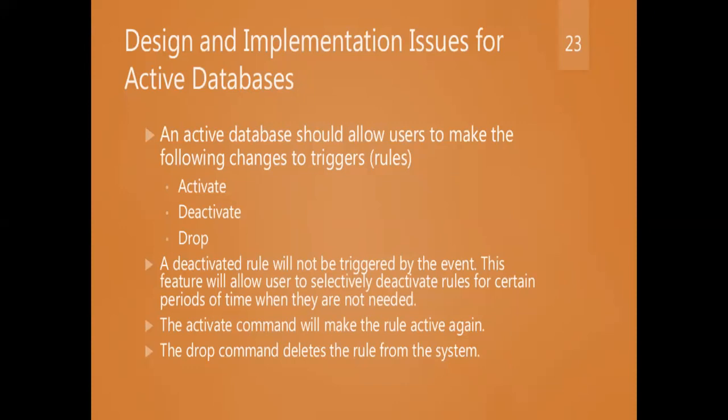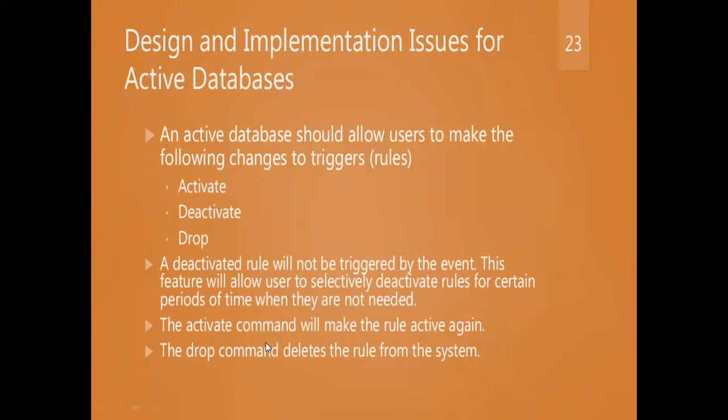If we deactivate the trigger, both tables will no longer have those rules, right? But we want it for only a particular table. So the best practice is to deactivate certain rules for some period of time, not for all the time. Okay, the activate command.